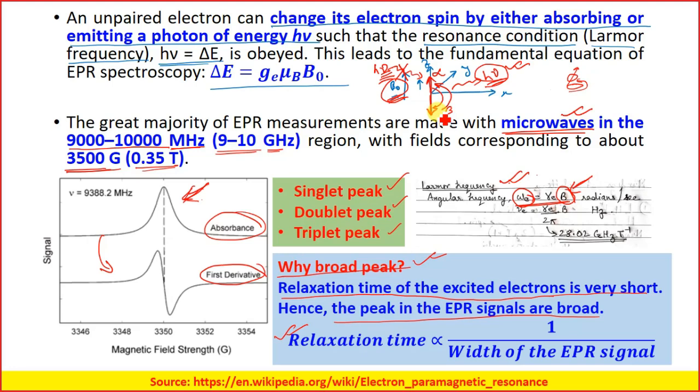It is the time needed for this magnetization vector or the electrons to go from the high energy state to the low energy state.